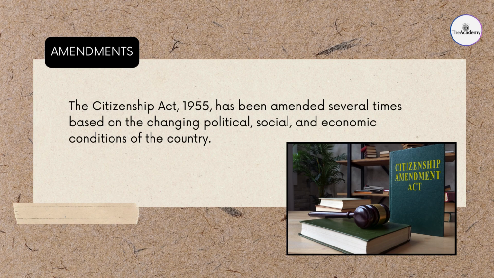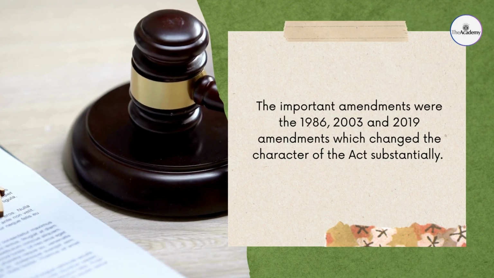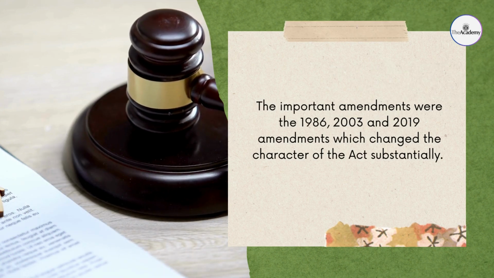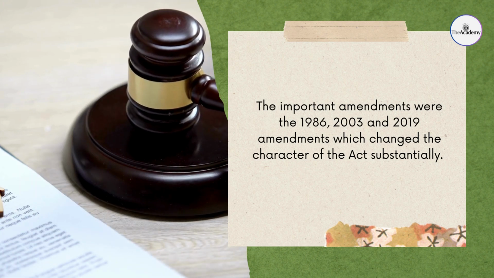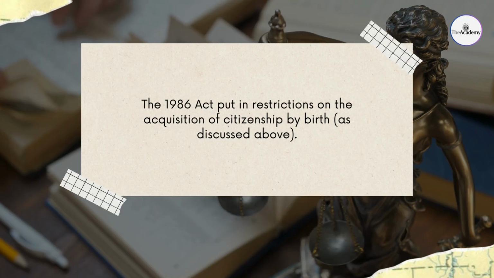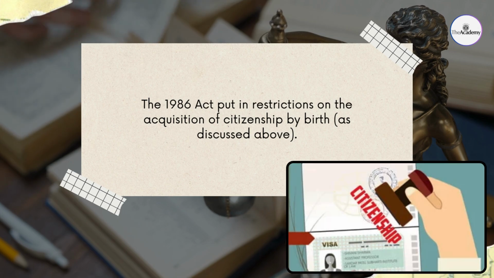Now let us discuss the amendments. The Citizenship Act 1955 has been amended several times. These amendments were based upon changing political, social and economic conditions of the country. The important amendments were the 1986, 2003 and the latest 2019 Citizenship Amendment Act. The 1986 Act put in restrictions on the acquisition of citizenship by birth.